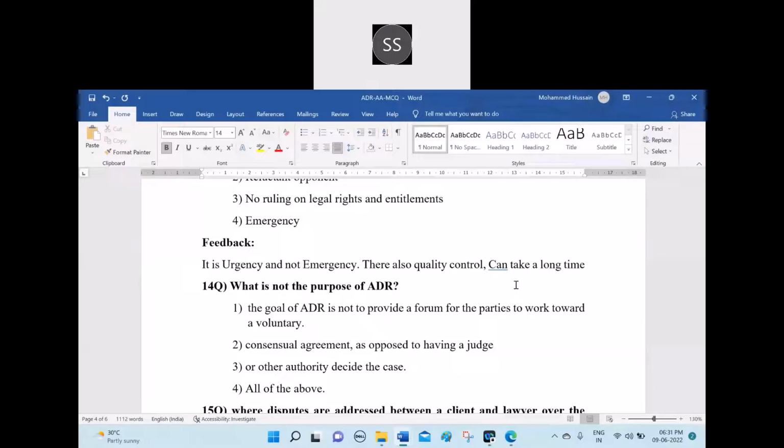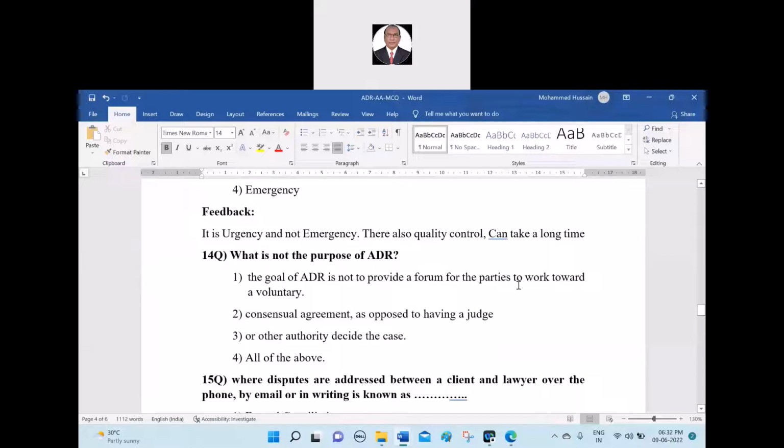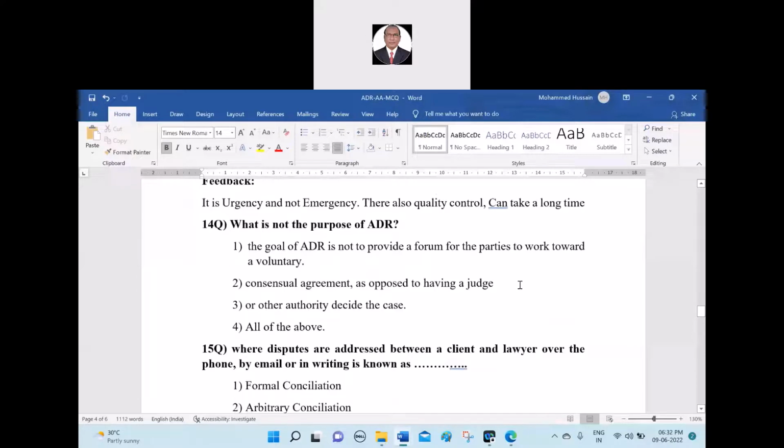All of the above, sir. No. Or the other authority decide the case. No, the other authority will not decide the case. It is the ADR that will decide the case. Other authorities only decide the case because it is not the court that decides the case. 3 is right.